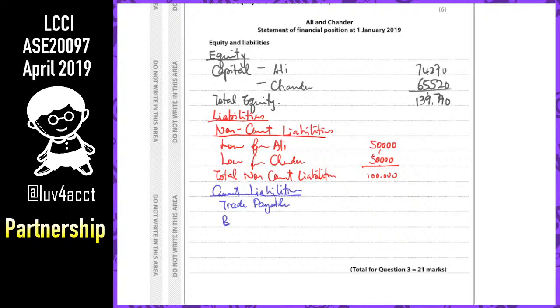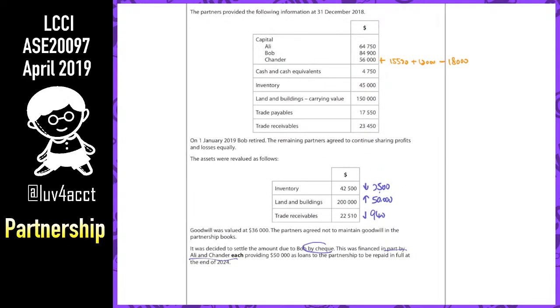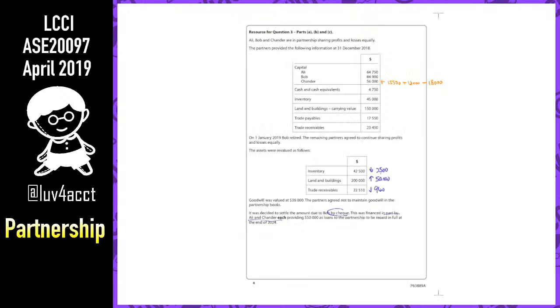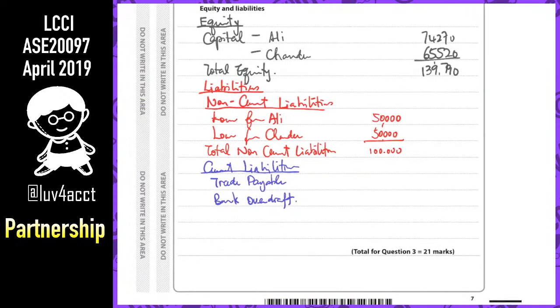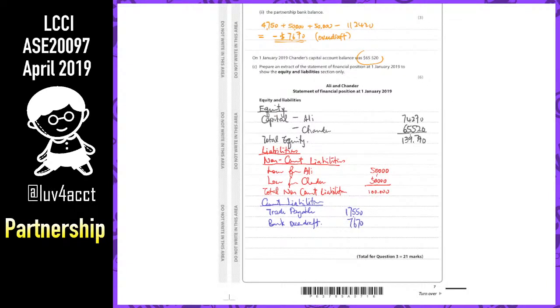And then you also have a bank overdraft. Don't forget this. So trade payables, let us look at the question, would be 17,550. And then for bank overdraft, 7,670.